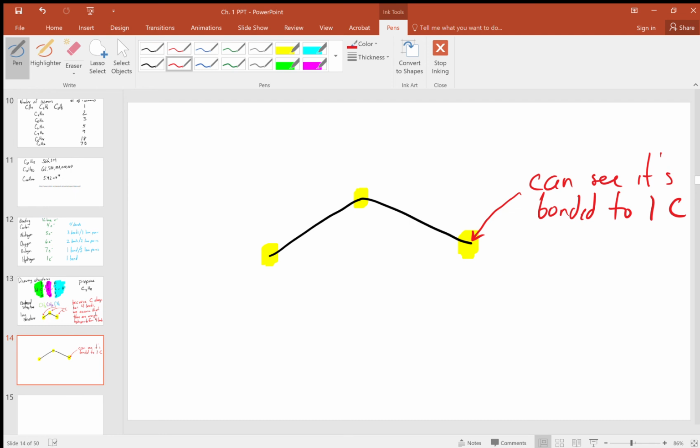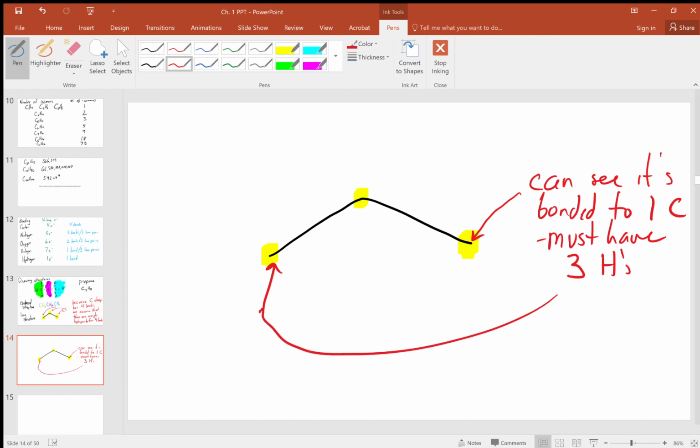Well, if we have 4 total bonds, then it must have 3 hydrogens. Same thing is true on this side. But the one in the middle, this carbon, we can see it's bonded to 2 carbons. Therefore, it has 2 hydrogens that are not drawn in.